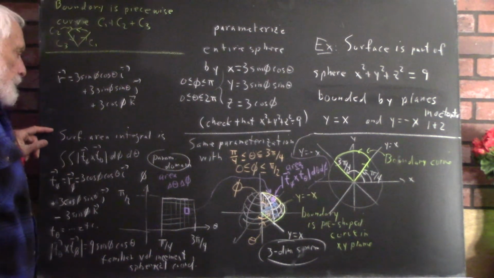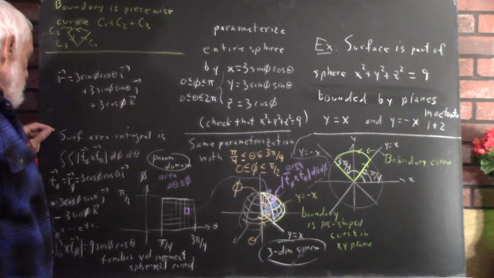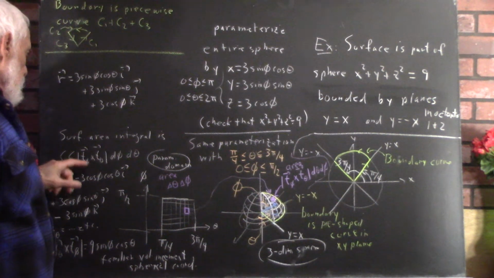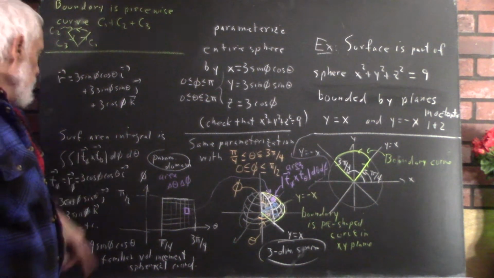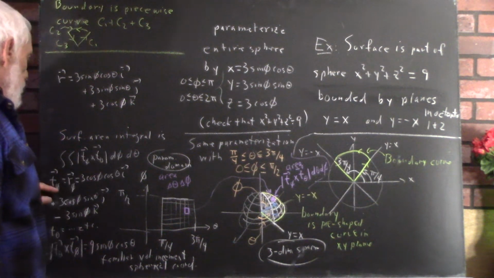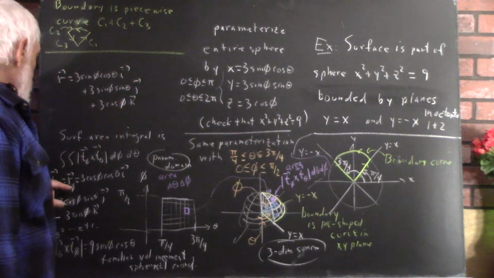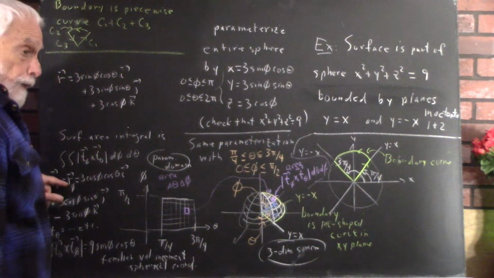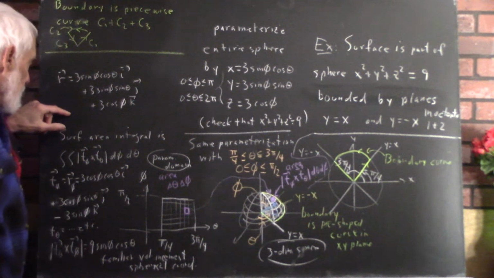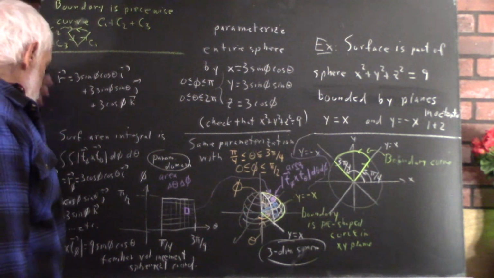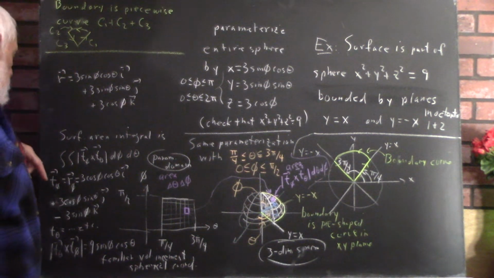The surface area integral then is the integral of the magnitude of T phi cross T theta d phi d theta. T phi is just the phi derivative of your r vector, of your parameterization. Well, here's your r vector, and that's a straightforward derivative.